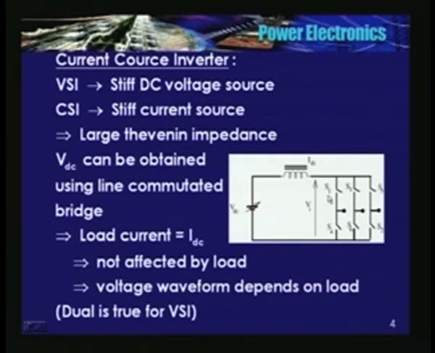The devices which we used in a VSI cannot be used here. We had connected a freewheeling diode across the controllable switch. So the moment you connect a freewheeling diode across a controllable switch, it cannot block a negative voltage.